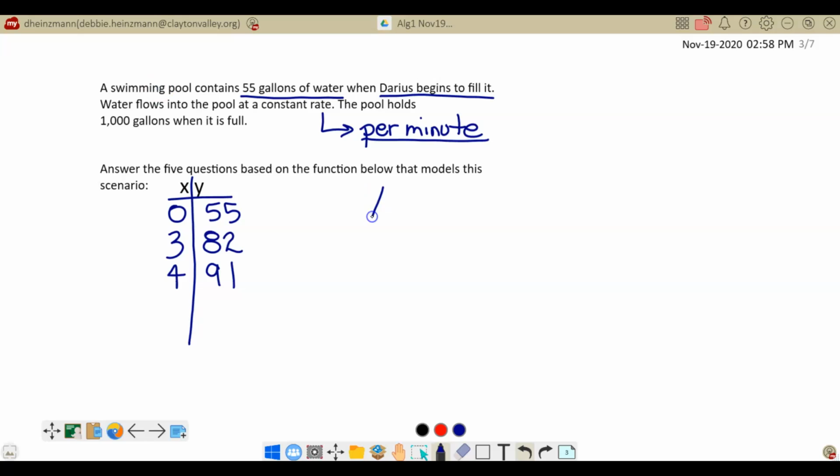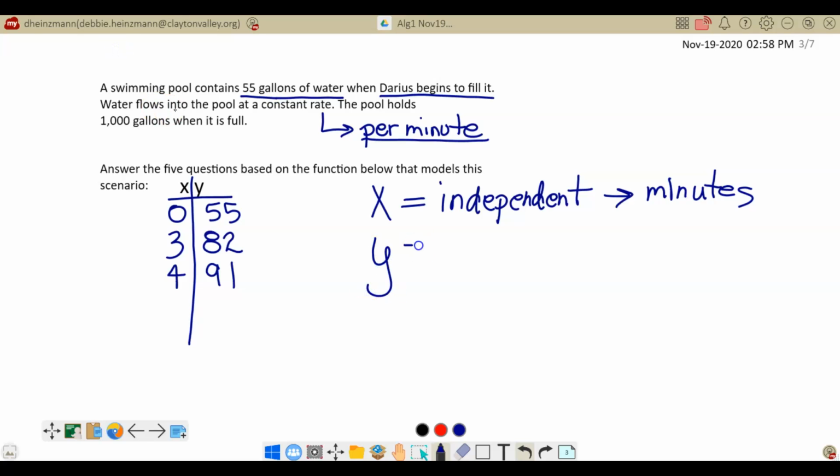So that tells me that our x, our independent variable, is minutes. And which leaves our y, our dependent variable, to be gallons.